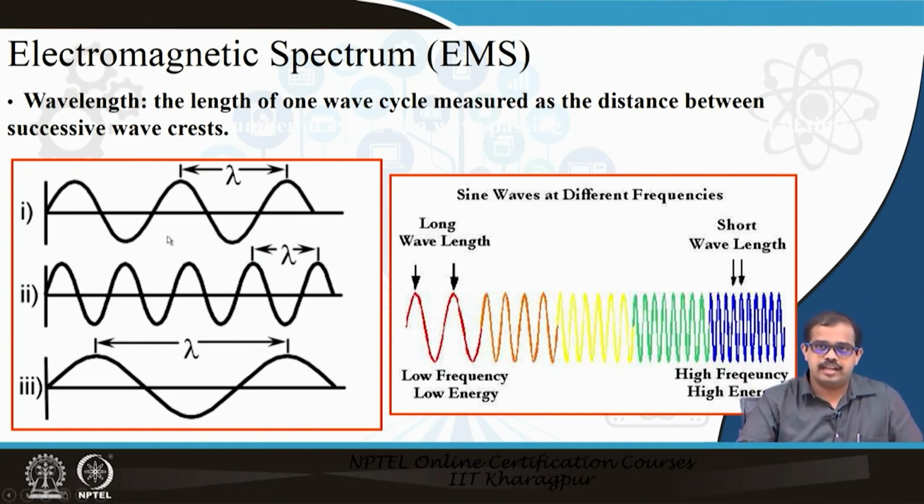I have just taken either the electrical or the magnetic field. The distance between successive crests, or between successive troughs, is called the wavelength. And the number of cycles passing a particular point in time, for example this is one cycle, is nothing but your frequency.